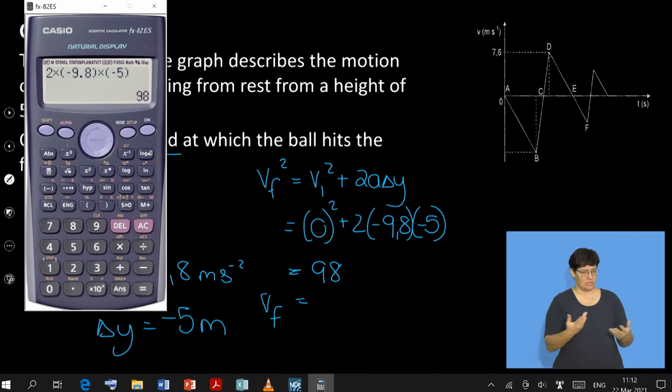But I'm now going to take the 98 and I'm going to square root that answer, and I get 9,899. You know what, I'm going to keep 3 decimal places just to make it a little bit more accurate, because rounding this off will give me 9,9. I'm going to keep it as 9,899.